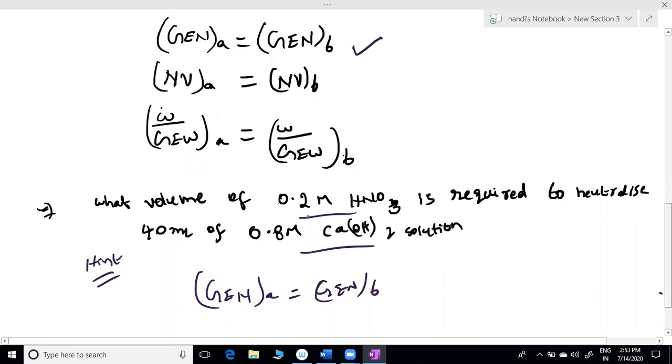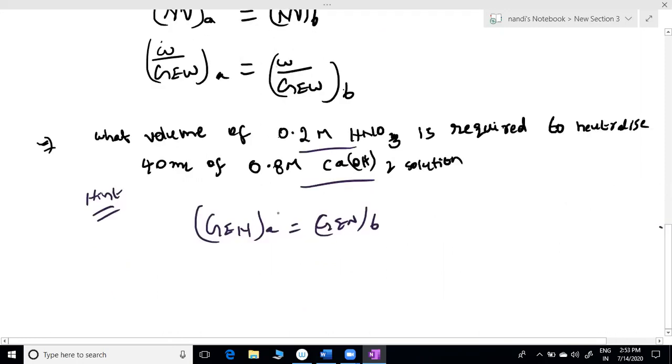So Gn of acid equals 0.2 into V mL for HNO3, with N factor 1, in terms of normality. The base is 0.8 into N factor of calcium hydroxide, which is 2, into 40 mL.